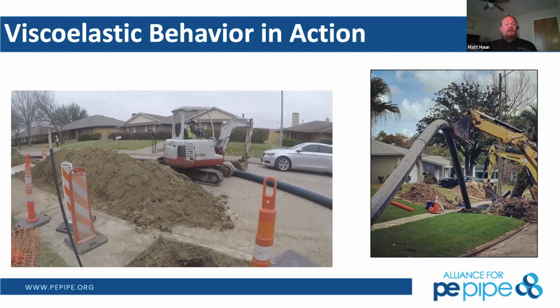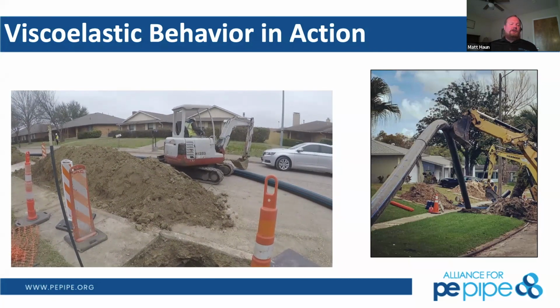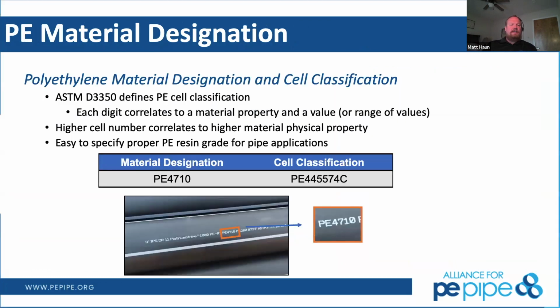It's making this turn around a 90-degree curve with no real damage to the product because it has that viscoelastic response to those stresses. And likewise, this bucket that's holding the pipe into the air, that'll allow you to temporarily feed it into the hole for a horizontal directional drill or other kind of installation methods.